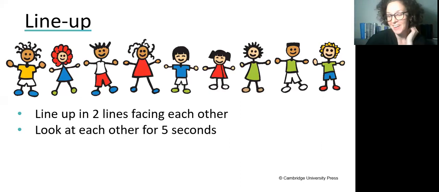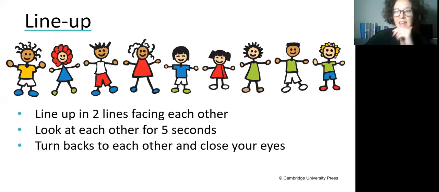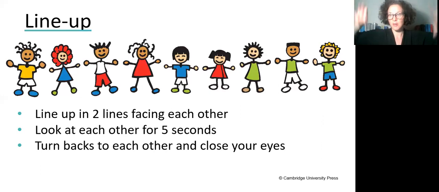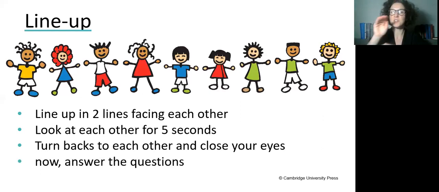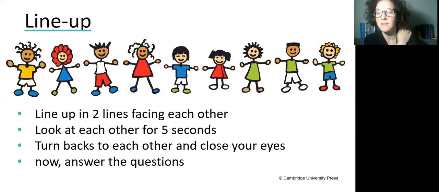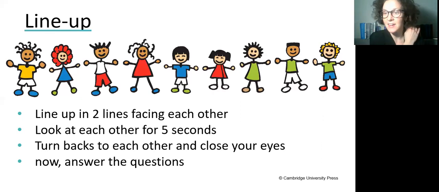They scan their peers, and then you ask students to turn their backs and close their eyes, and then you touch a student on the shoulder and ask, for example, has Anya, who is standing in the different line, got, I don't know, a red skirt?